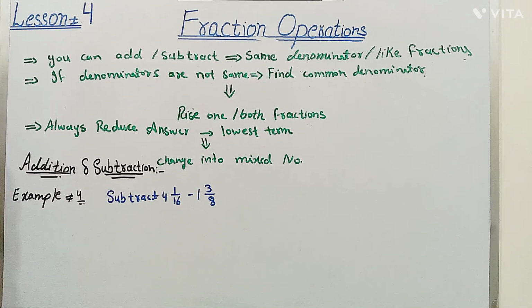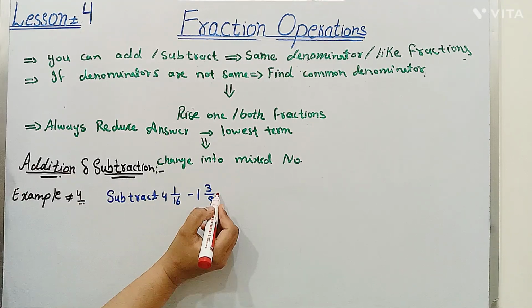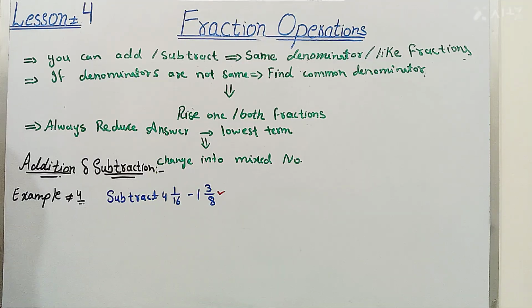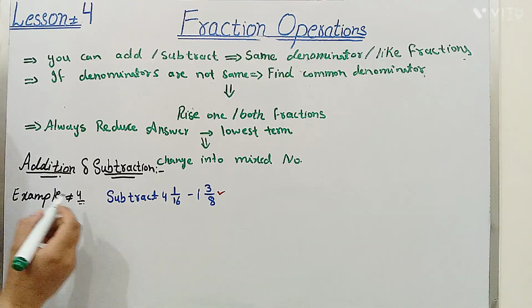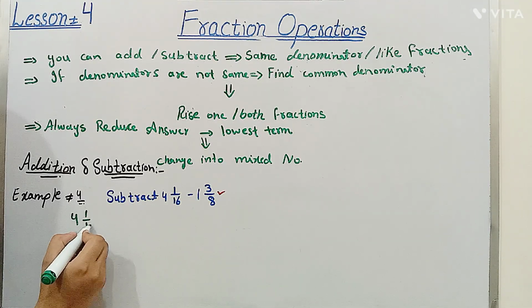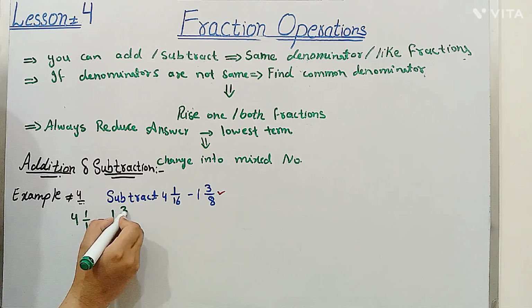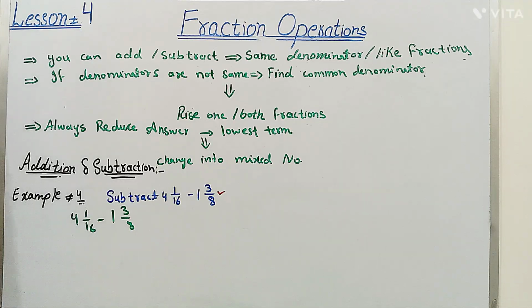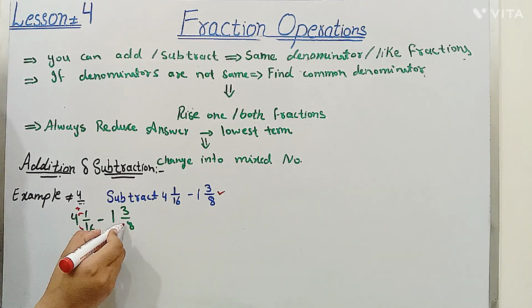Subtract: 4 and 1 over 16 minus 1 and 3 over 8. You know that there is a mixed number or mixed fraction. Firstly, as I told you earlier, we will multiply and then add.